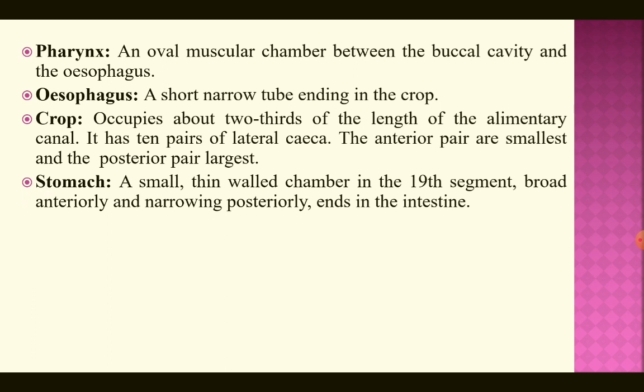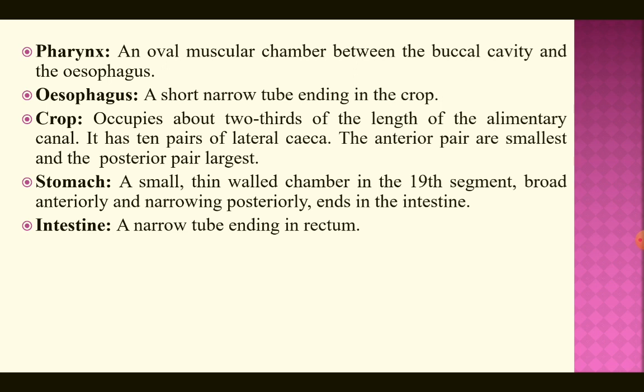And the stomach is a small thin-walled chamber in the 19th segment. The crop leads to the stomach, which is broad anteriorly and narrow posteriorly, and it ends in the intestine.